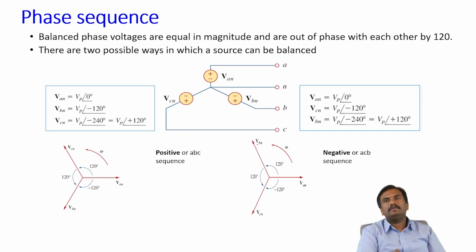In any way you connect the three phase voltages, if all the voltages are displaced by an angle of 120 degrees, then those connections are called a balanced voltage or balanced supply.